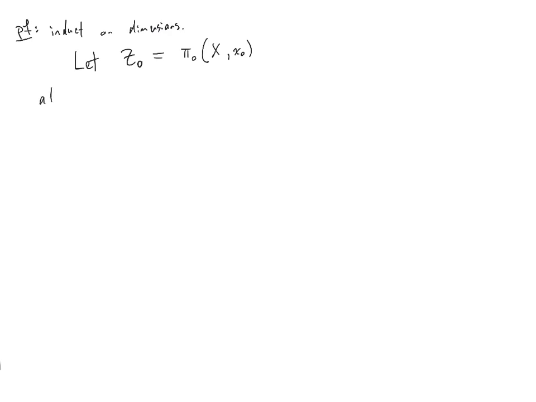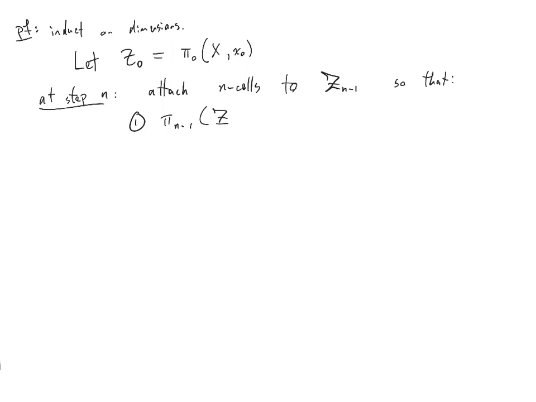And so at step n, attach a bunch of n cells to Z n minus 1 so that pi n minus 1 of Z n minus 1 union these new cells. Let's just call that Zn.